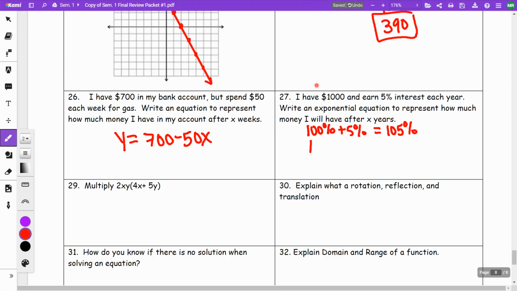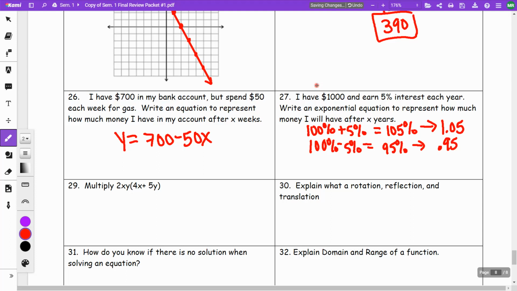If I was losing 5%, I would have 100% minus 5%, I would have 95%, just as an example. So my multiplier for the top one, I move my decimal 2 places and I get 1.05. For the bottom one, I would have had a 0.95.